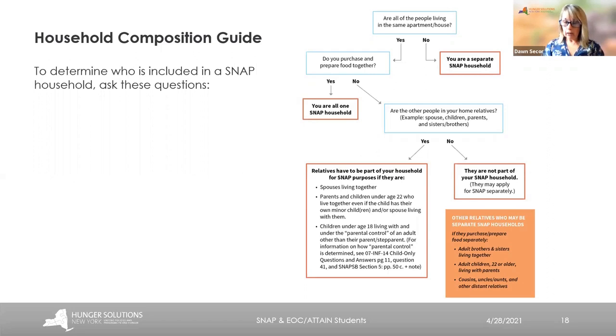This has often been a barrier for college students who are still living at home and therefore must apply with their parents in order to be eligible, which means the parents' income counts and often means the student is not eligible. Outside of mandatory household members, other people who may live together can choose not to purchase and prepare meals together and can be separate households.